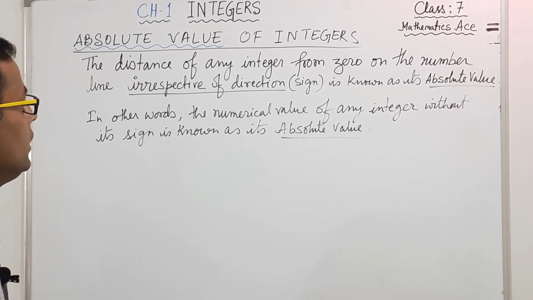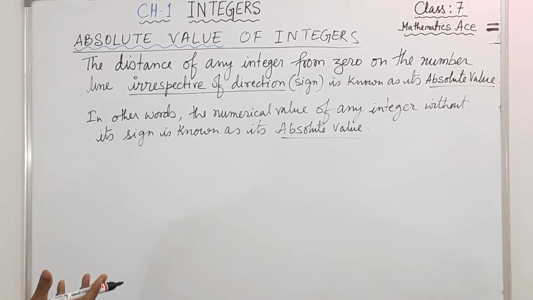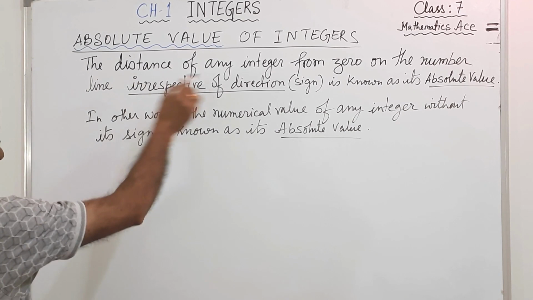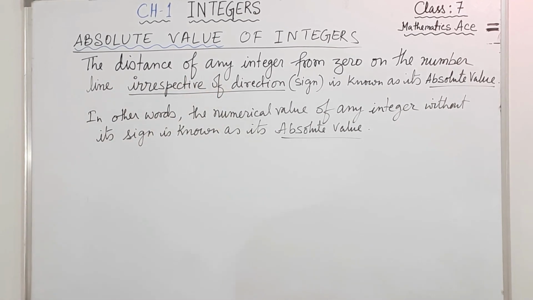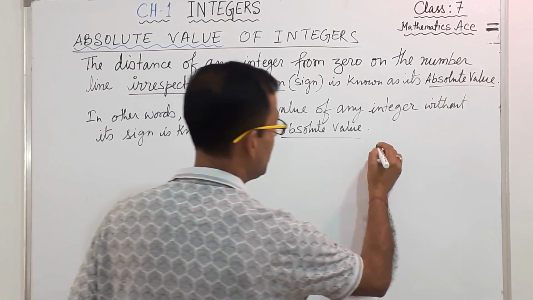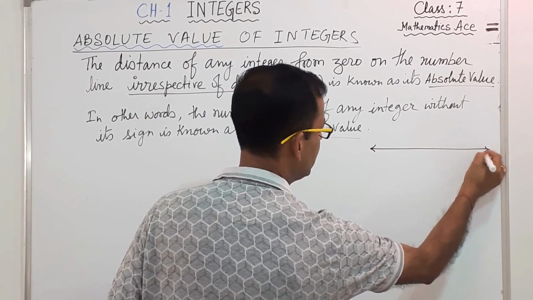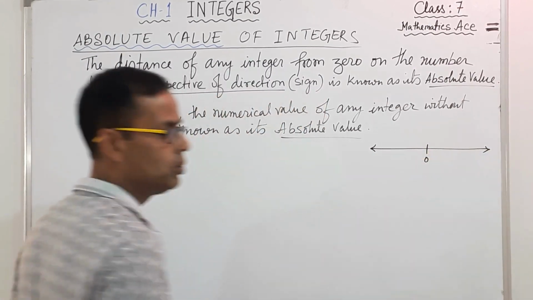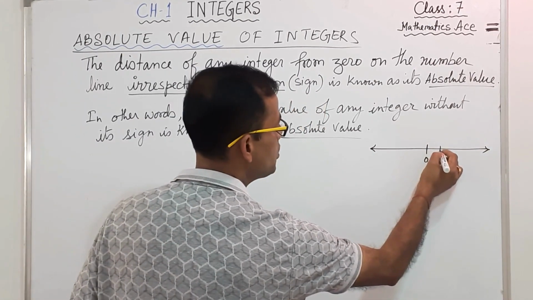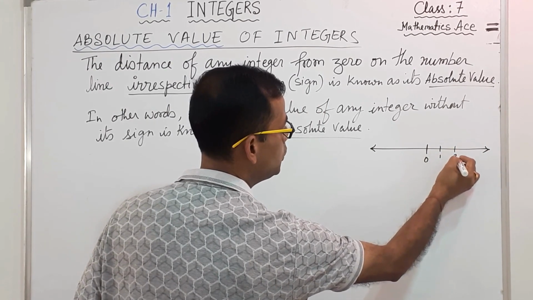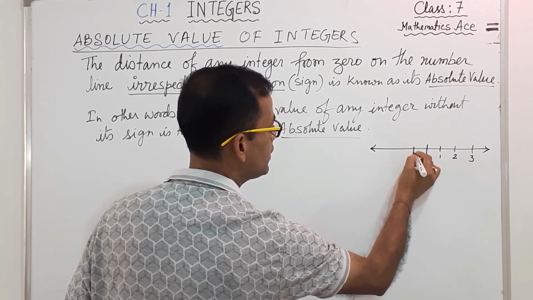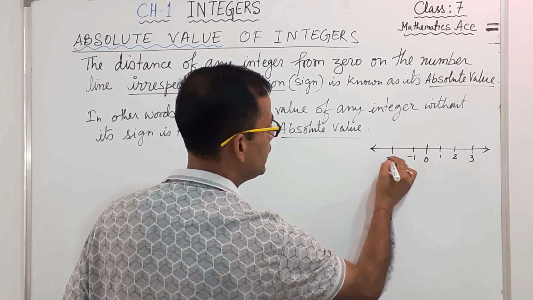Now, what is this? The distance of any integer from 0. Suppose this is the number line. This is 0. Now this is 1, this is 2, this is 3, this side -1, -2.